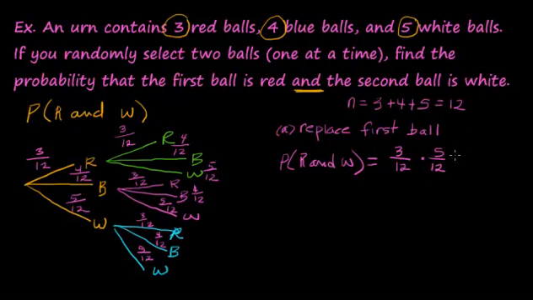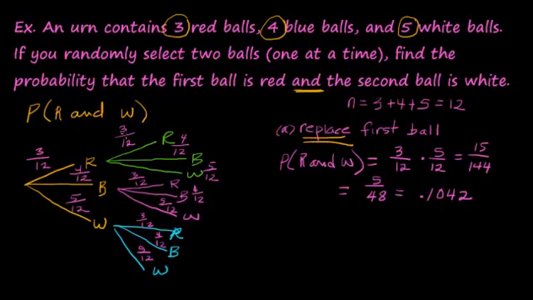So multiplying numerator times numerator, denominator times denominator, we get 15 over 144. We can reduce that to 5 over 48, or write it as a decimal to 4 decimal places, 0.1042. Okay, so we said that's the condition of A, where we replace the first ball.